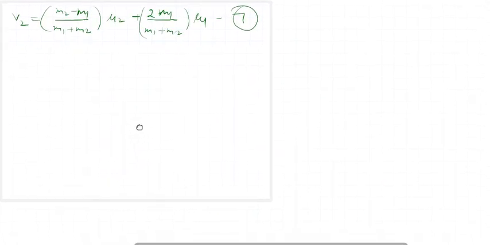So let us take different cases. This is case number 1, and then I will talk about case number 2, and case number 3 and 4. There are 4 cases which I will discuss.